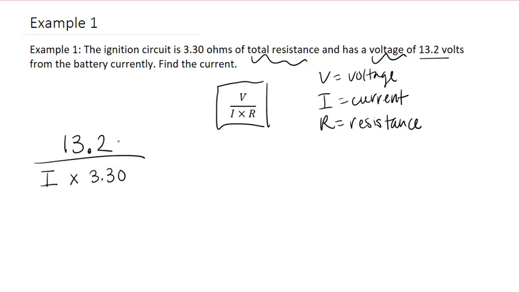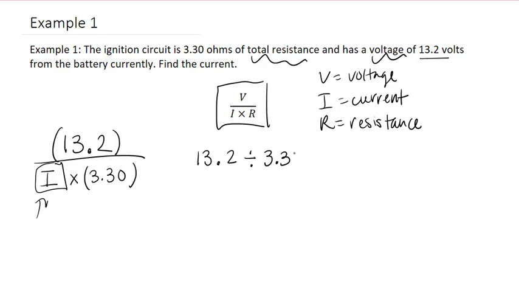We're going to place these in brackets or parentheses. The next step is we can see that 13.2 divided by 3.3 is our problem, and that will get us to how we find our current. So our problem is 13.2 divided by 3.3.